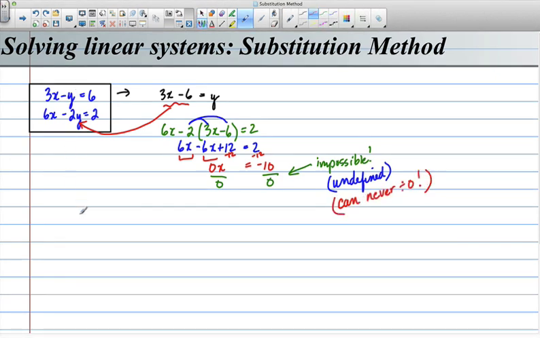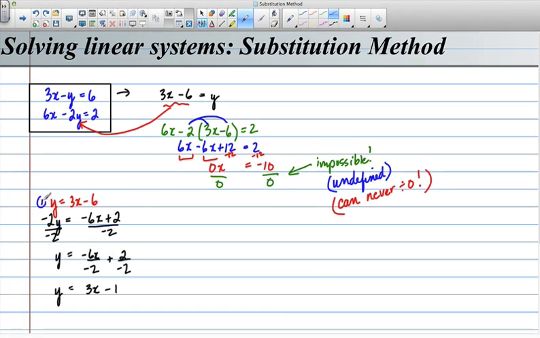So why did that happen? If we isolate the y in the second equation, now the first equation gives us a slope value of 3 and a y-intercept of negative 6.